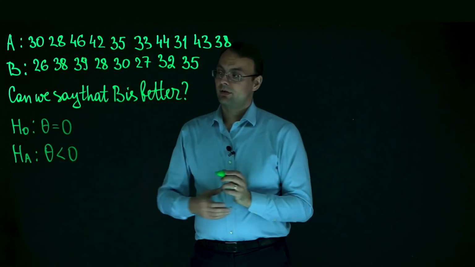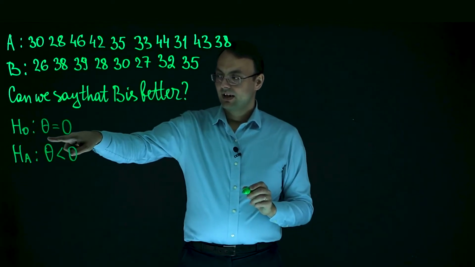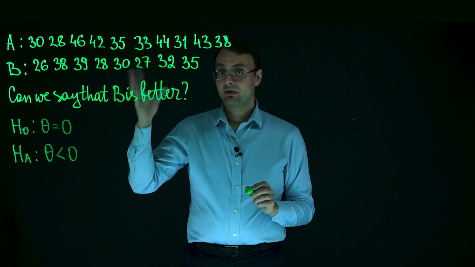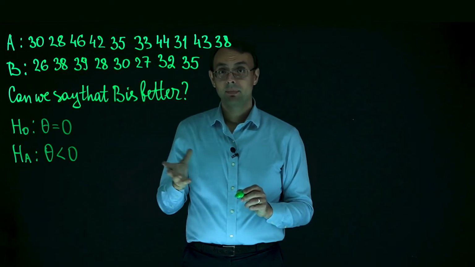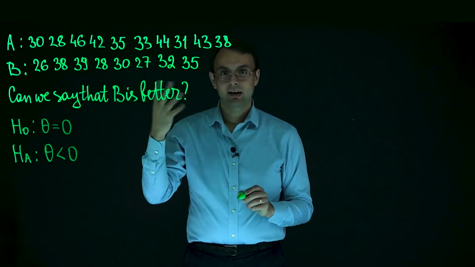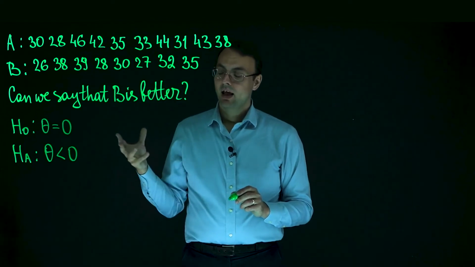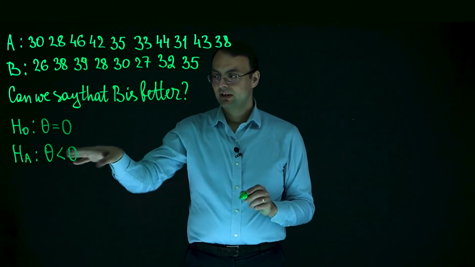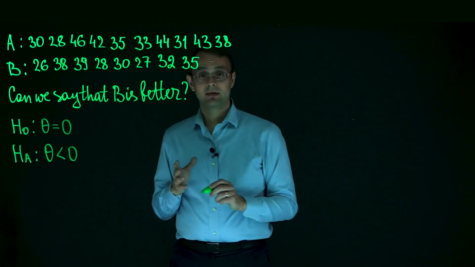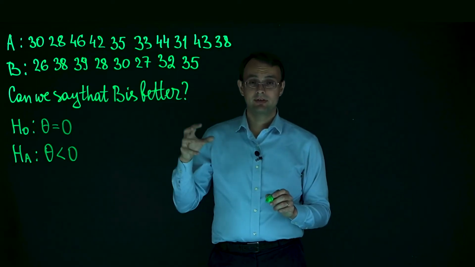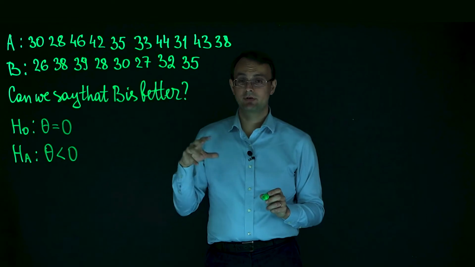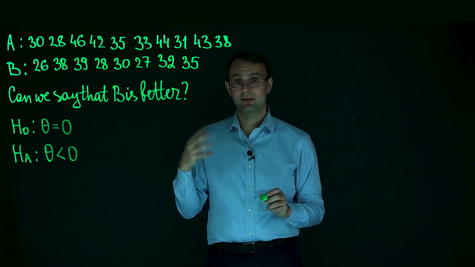The physical meaning of the null hypothesis is that there is no significant difference between A and B. They are of the same efficiency. And the physical meaning of the alternative one is that B is better than A. So visitors who used the B version found their flights faster.